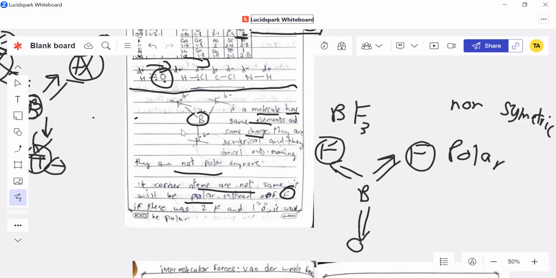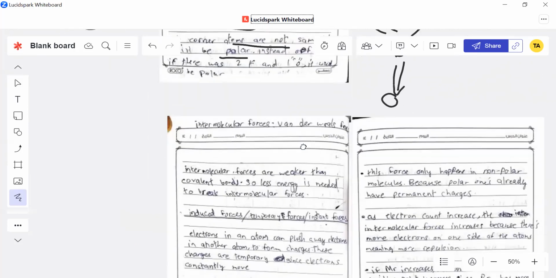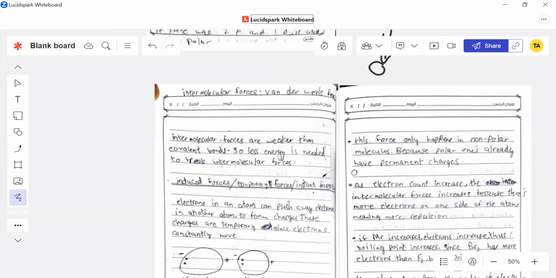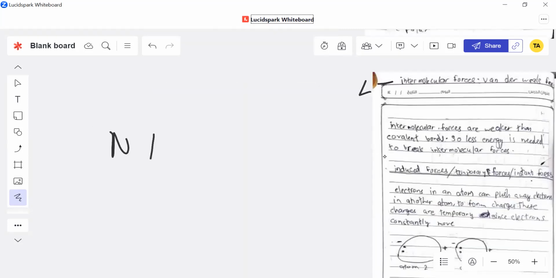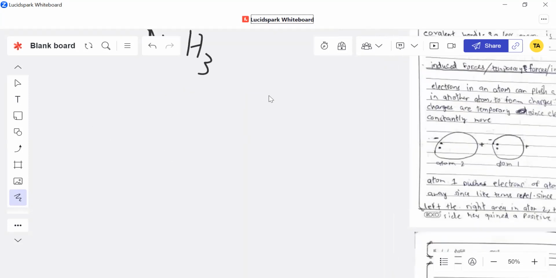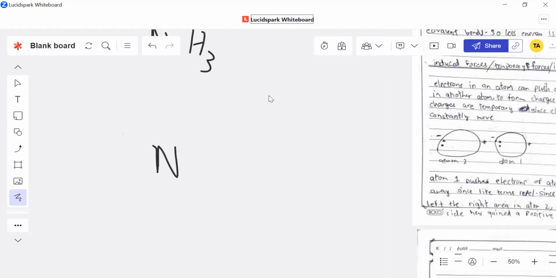Now, moving on to intermolecular forces, or now comes the weaker forces. Someone has a question. What about NH3? I remember it was polar, right? So NH3 is nitrogen bonded to three hydrogens, right?